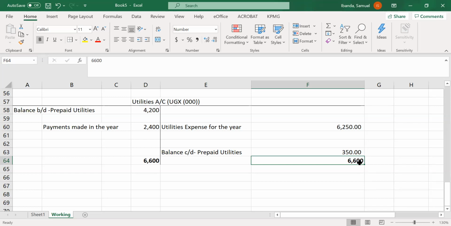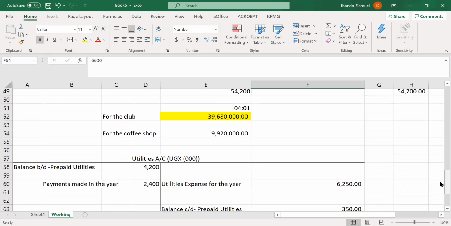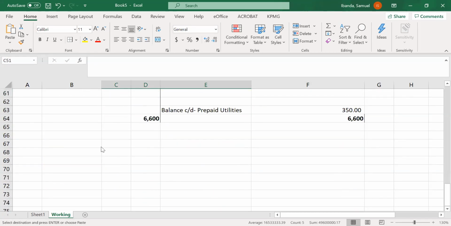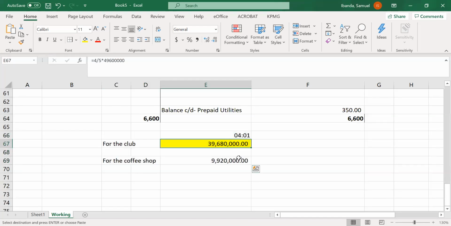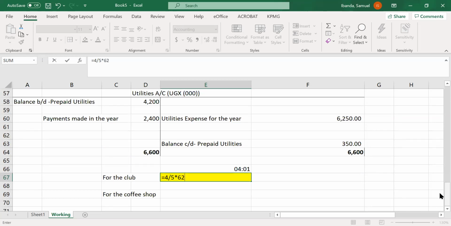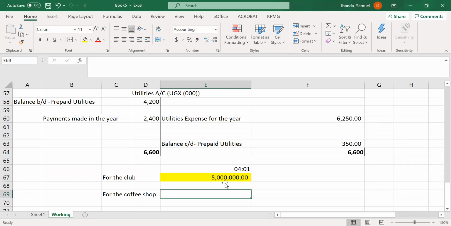So I'm going to do the same thing like what I've just done for the other expenses. I'll just come here and pick this, put it here. I'm going to remove. Again, I'm going to do 4 divided by 5 times 6,650,000, which gives me 5 million.